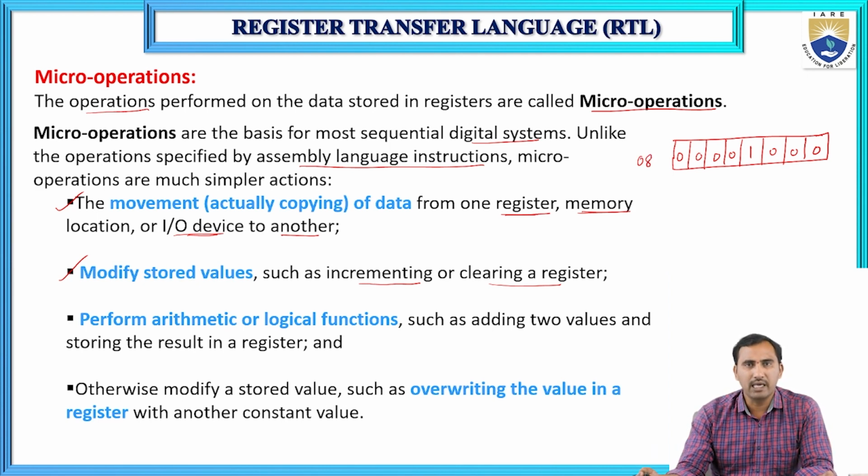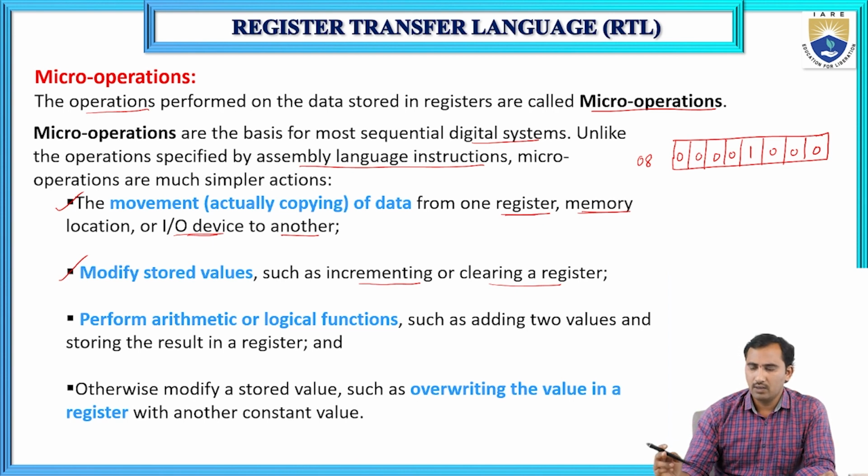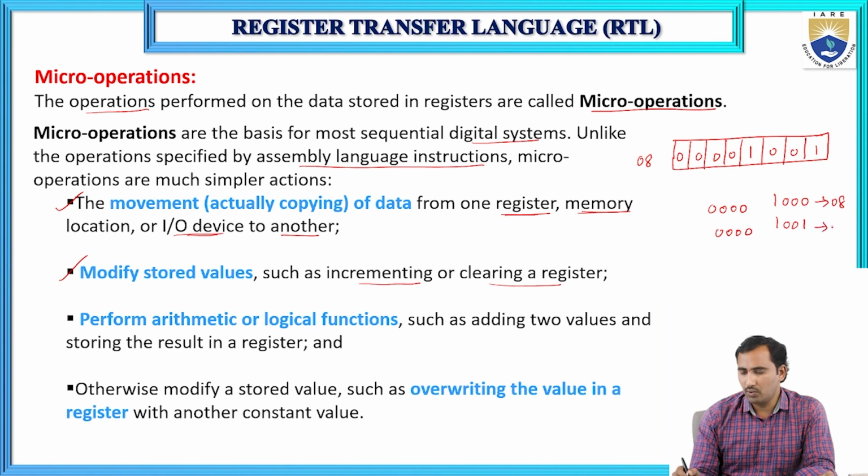If you perform an increment operation, the LSB is replaced with 1, and it becomes 1 0 0 1, which is equivalent to 9. So we have performed a one-bit increment on the data stored in the register.